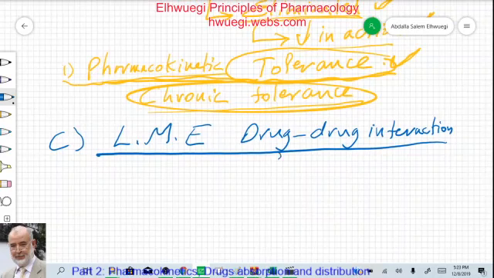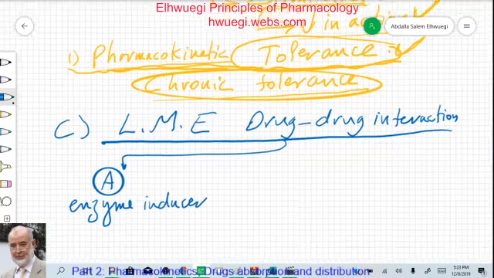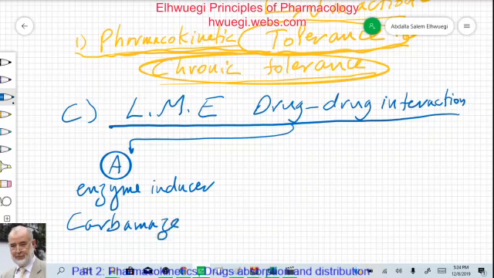Suppose that I'm taking a drug A, which is an enzyme inducer, like, for example, carbamazepine. It is well known, a drug which is used as an anti-epileptic drug. I'm taking this drug for treatment of epilepsy.